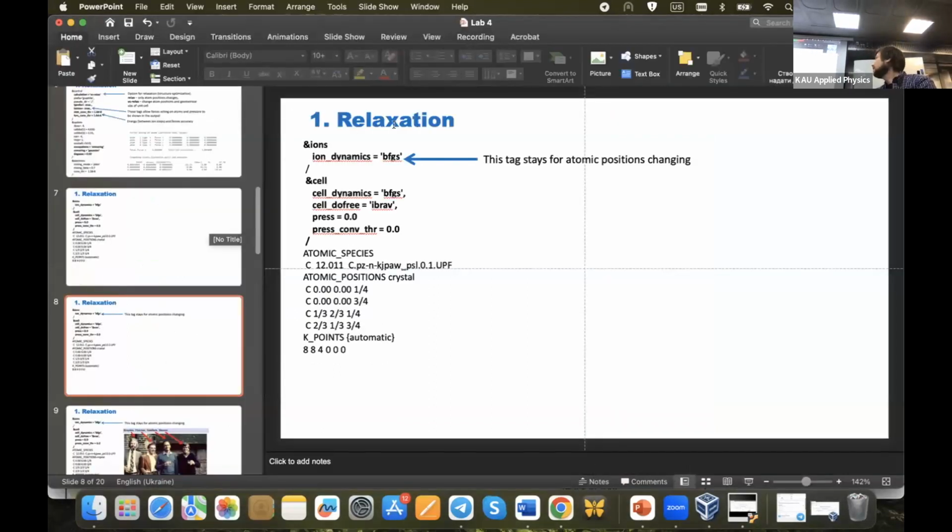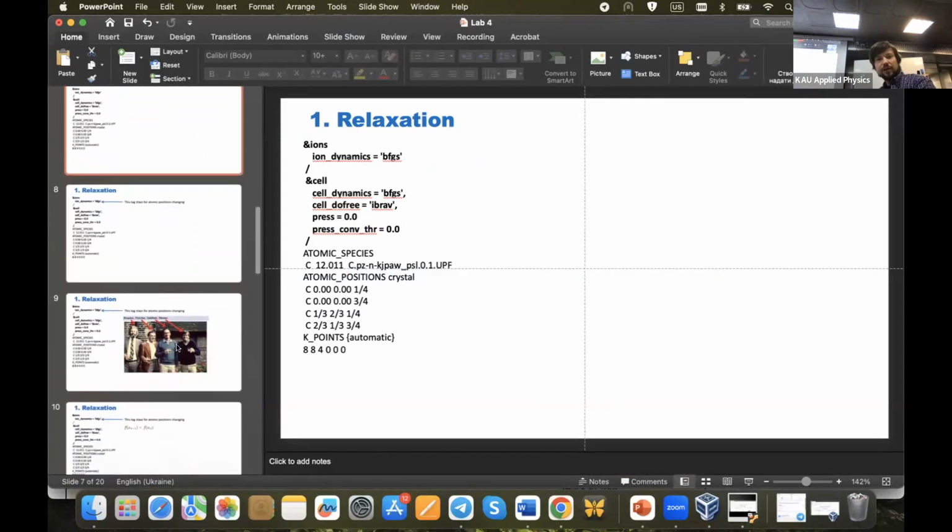And here is stress. I mean that the stress acting on the unit cell should be 0 or near 0, and the press convergence threshold is the same thing. It should be 0. And what does BFGS mean? BFGS is an algorithm to relax.